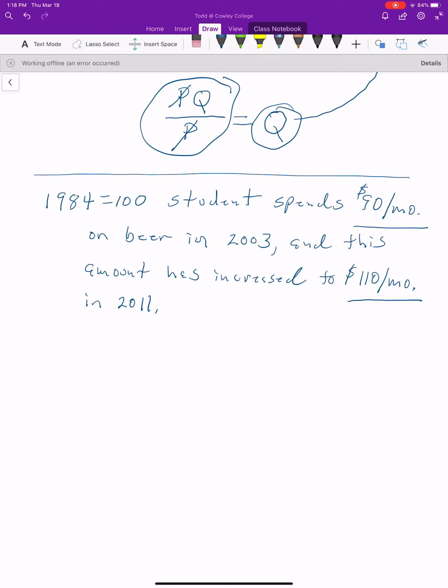We're going to have to calculate real spending in 2003, and compare that to real spending in 2011, and then see how those two numbers are different from each other.